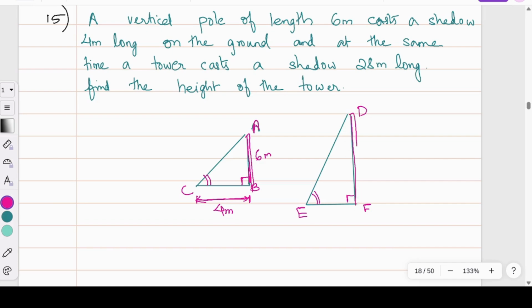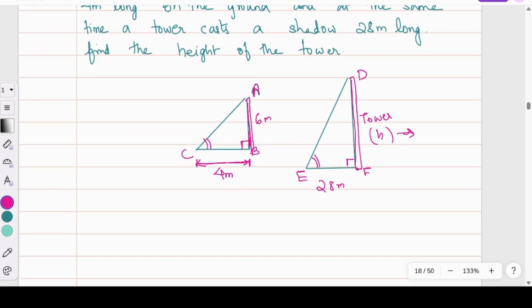Let DF, they are giving DF as the tower. Okay, and what is the height of the tower? We don't know. Let us give the term H there, and it cast a shadow of length how many meter? 28 meter length shadow we will get there. Okay, we have to find what is the tower height. We have to find the height of the tower.